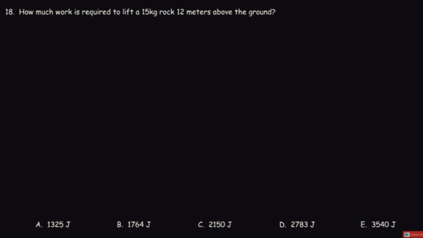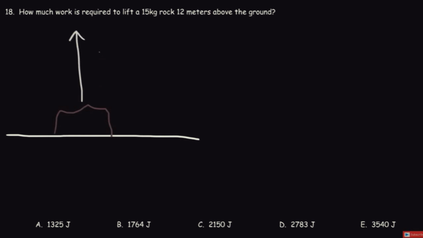How much work is required to lift a 15 kilogram rock 12 meters above the ground? So let's say this is the rock and we want to lift it up 12 meters above the ground.